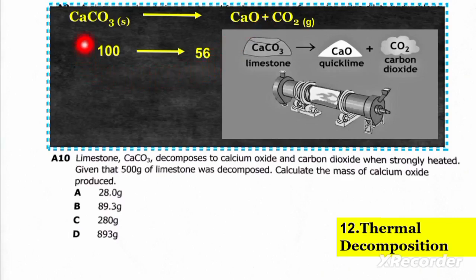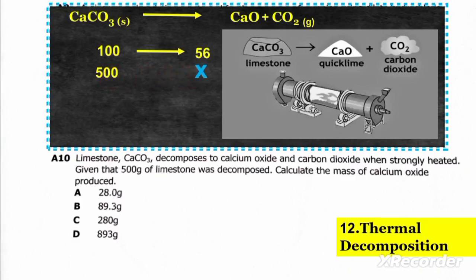And the molar mass of calcium carbonate is 100. And we have been given 500 here as the mass of limestone. So we are going to write 500 here. Then here we are going to write X.